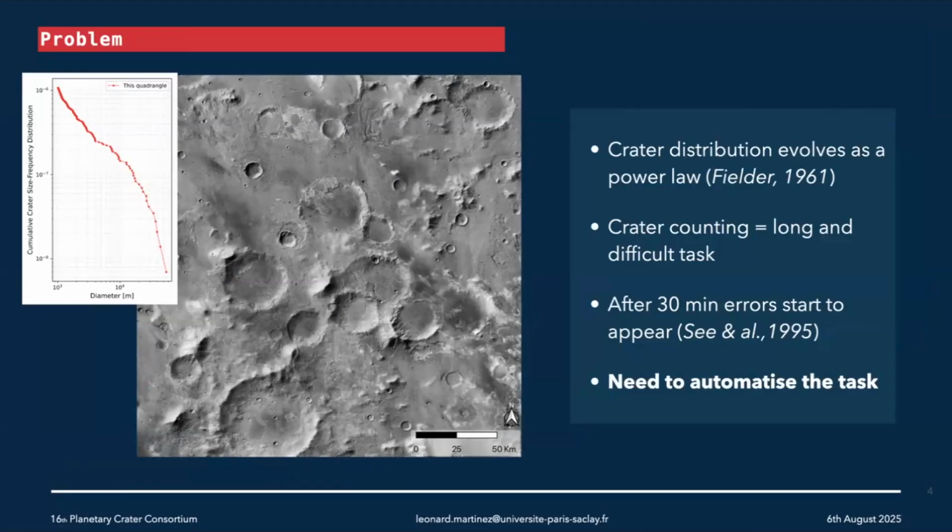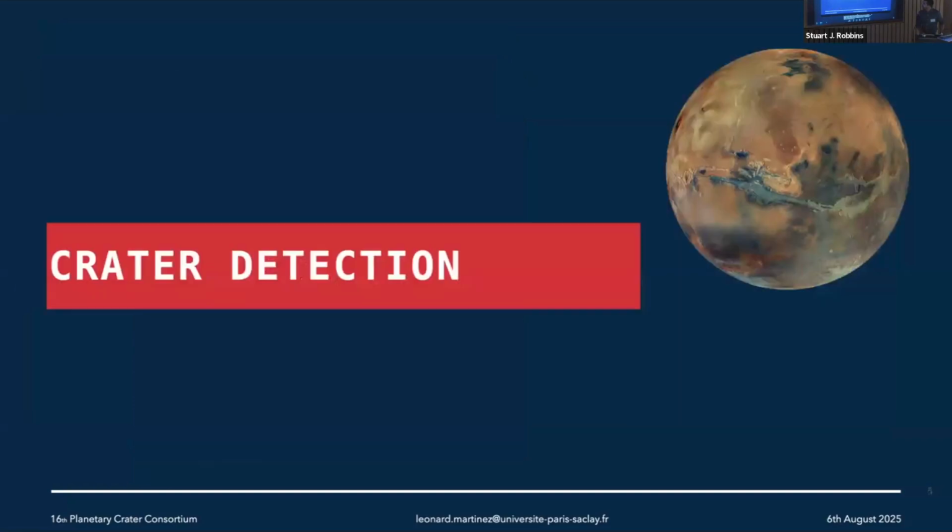It has been shown that after 30 minutes of this repetitive task, errors start to appear. And that's why we wanted to automatize this task. So today, in the first part of my presentation, I will talk about crater detection, and then we will see if we can characterize them geomorphologically.